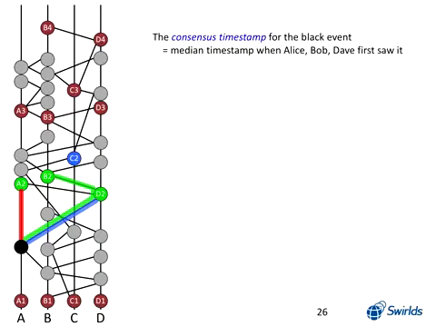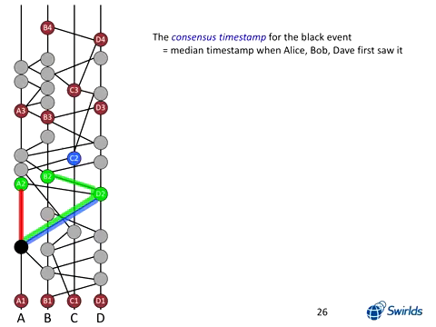And so if we look at the earliest time, we're going to get 3 timestamps. It'll be the timestamp on D2, because that's the earliest time that Dave saw it. It'll be the timestamp on B2, because that's the earliest time Bob saw it. And it will be the timestamp on the black one itself, because that turns out to be the earliest time that Alice saw it.